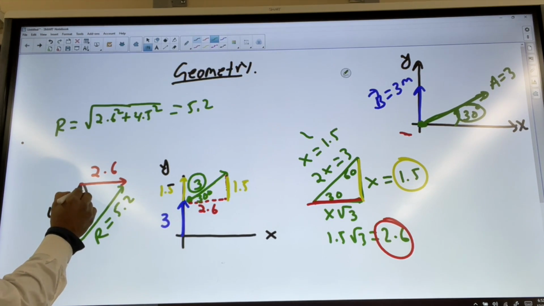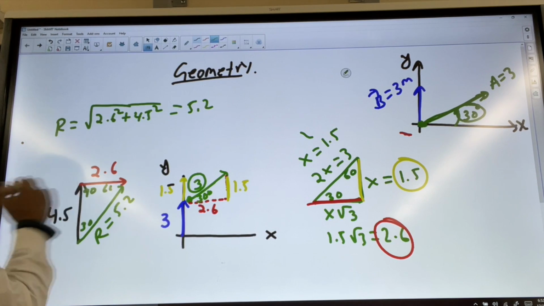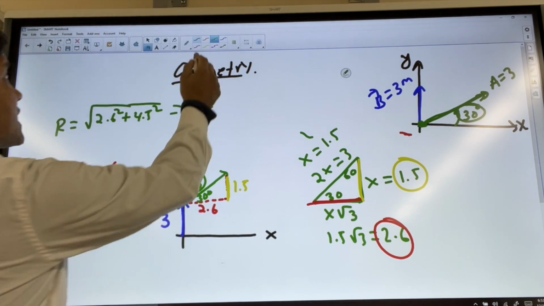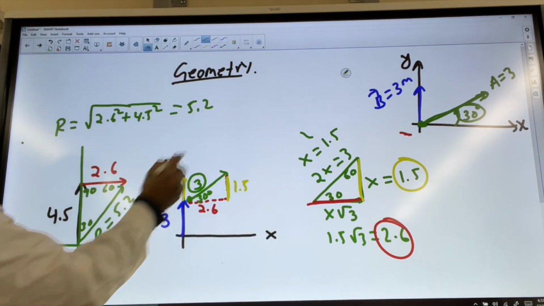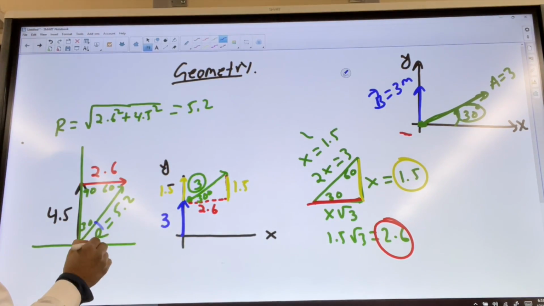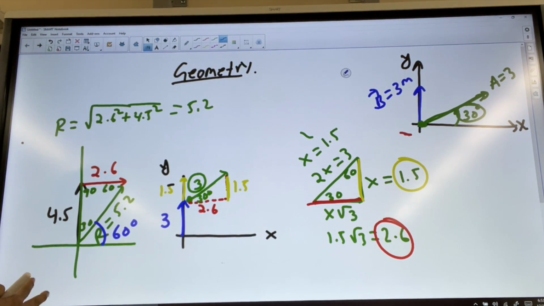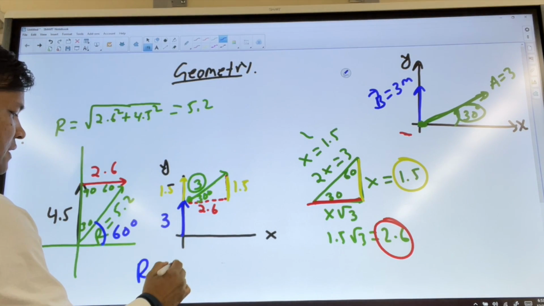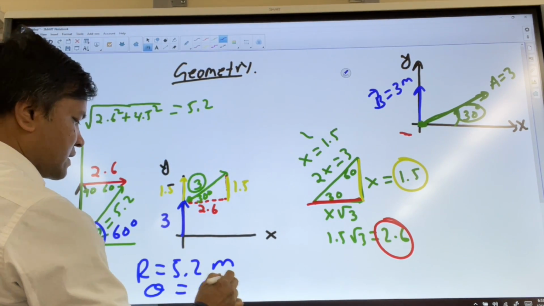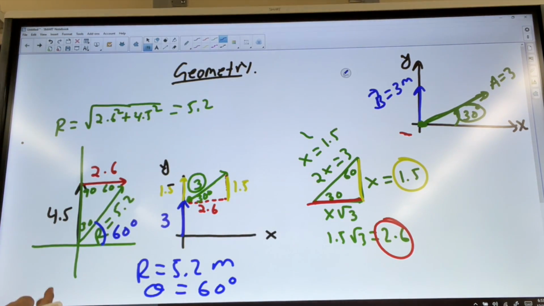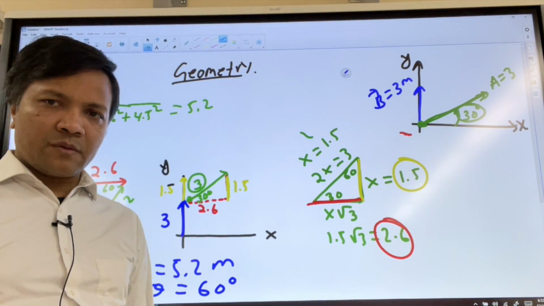So this is 90 degree, and this is 60 degree. So then what is the angle over here? The angle over here is then 60 degree. So we know the geometry gives us the resultant 5.2 meter, and theta is also 60 degree. So geometry gives us the same answer as the trigonometry.